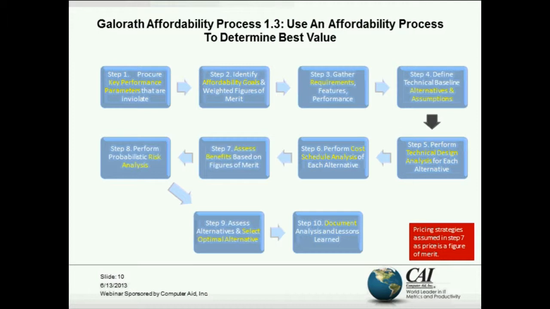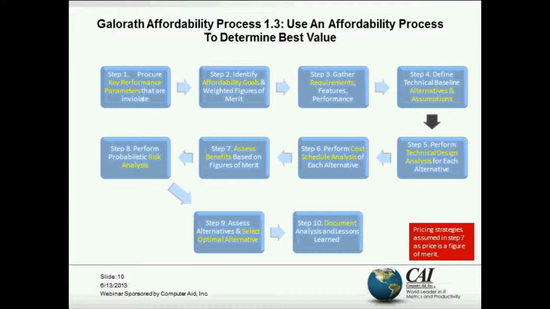The first step is to identify what we call the key performance parameters. And these are the most important ones, the quality or criteria that absolutely must be met. The next step is to identify other affordability goals and figures of merit.